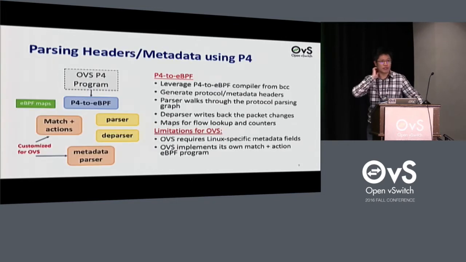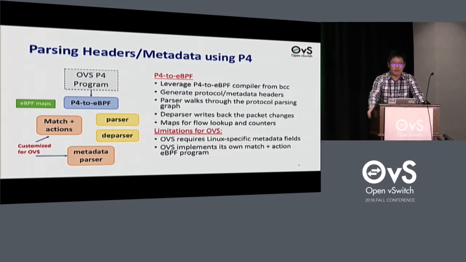For the parsing, we started by writing our own parser code using eBPF. But then it turned out it's a pretty standard process, so we take advantage of the P4 to eBPF compiler. Instead, we write an OVS P4 program which specifies how we want to parse the headers and protocols.